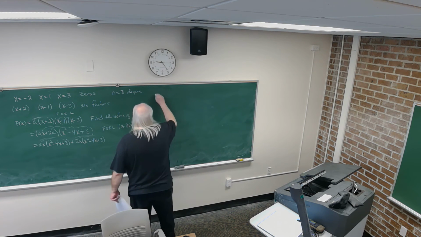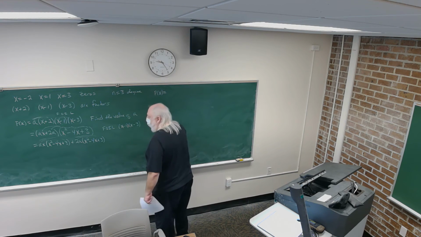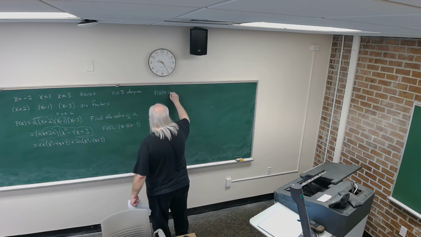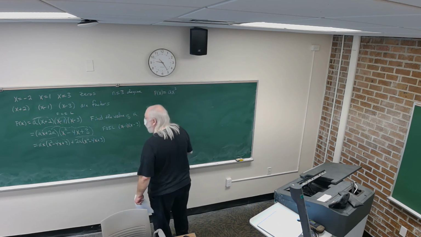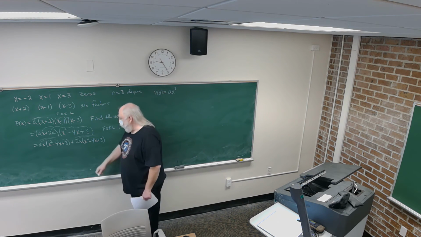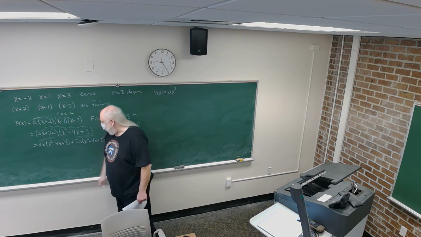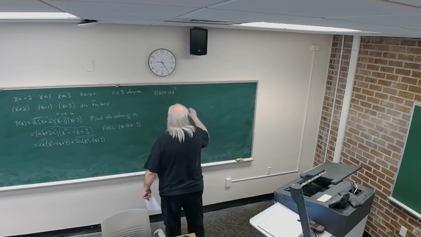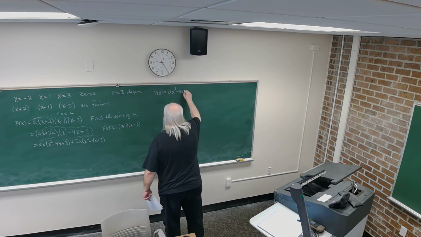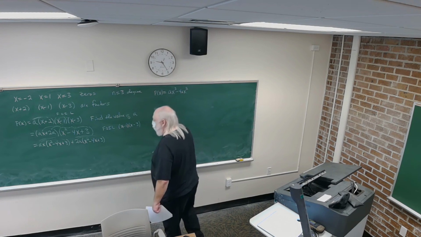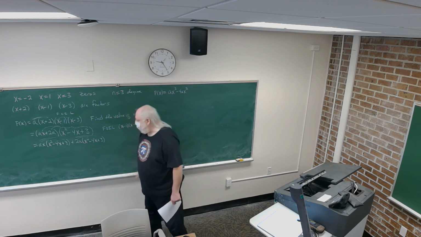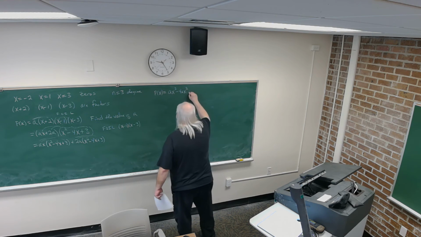So I have p of x is equal to ax times x squared is ax cubed, minus 4x times ax is minus 4ax squared. ax times 3 is 3ax.